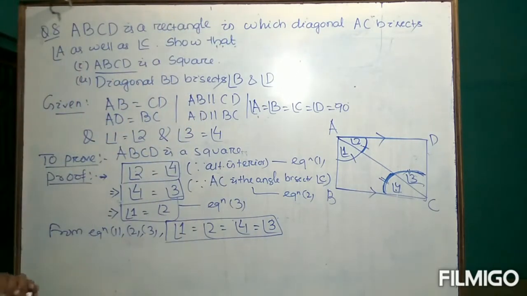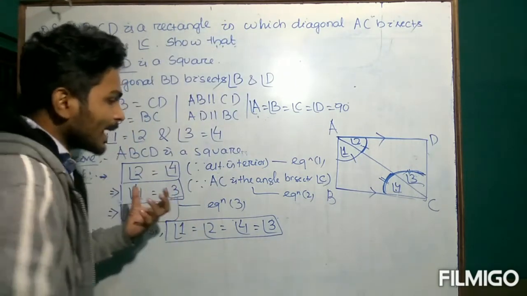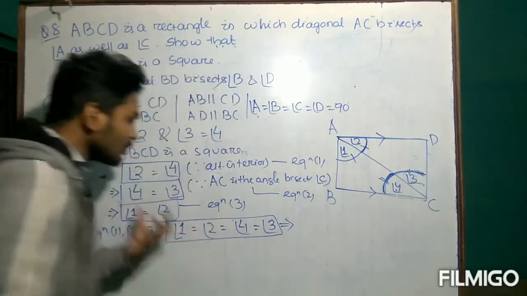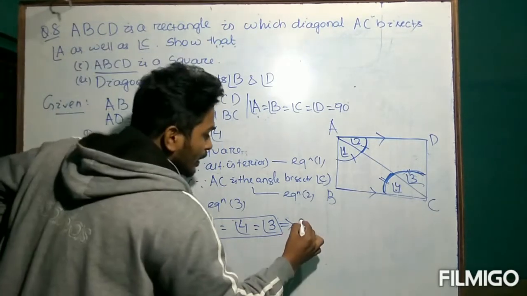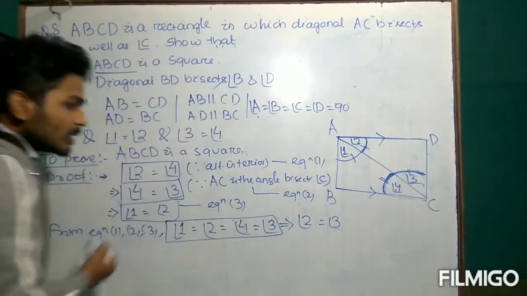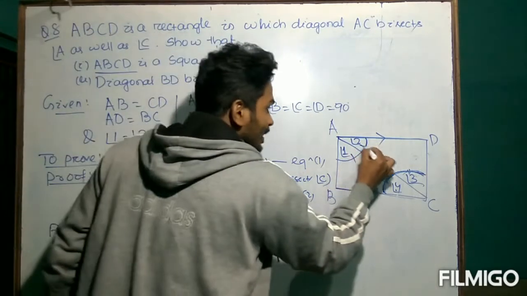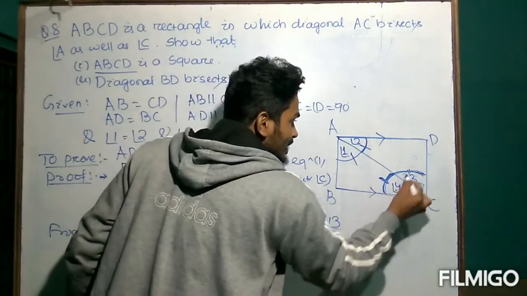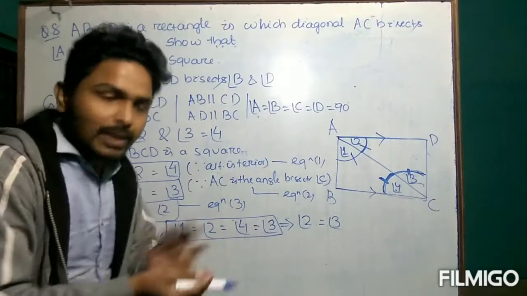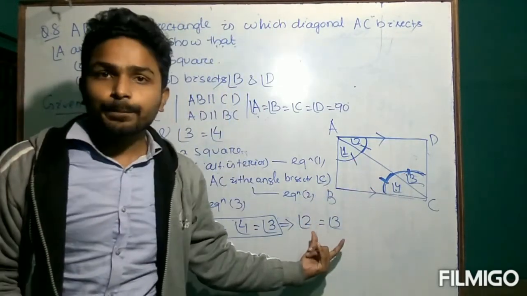Right. Now, can we extract some conclusion from it? Can we write angle 2 is equal to angle 3? Yes. Already you know all the 4 angles are equal. It means this is equal to this is equal to this is equal to this. So we can write 2 is equal to 3.